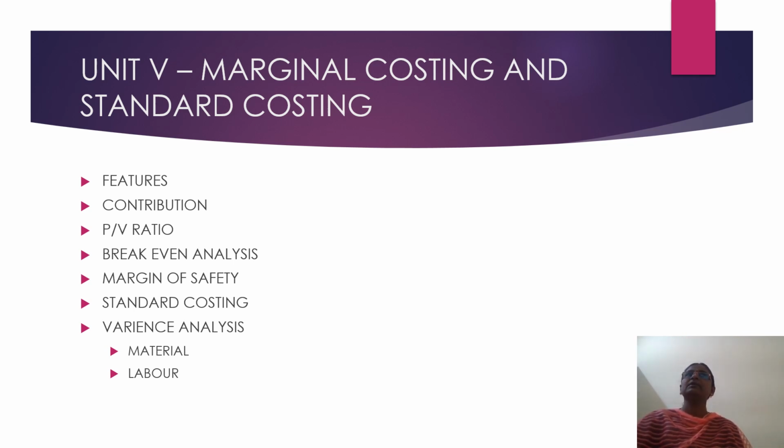So depending upon the information given in the sum, you decide whether to calculate it, because sometimes no specific information will be given and you will simply be asked to calculate material variance. So you have to identify whether to calculate material mix variance or not, depending upon the information given in the sum. And simple variances will be asked in part B.